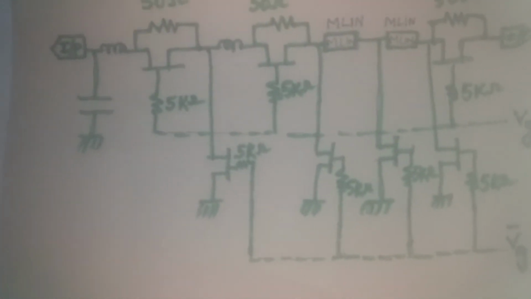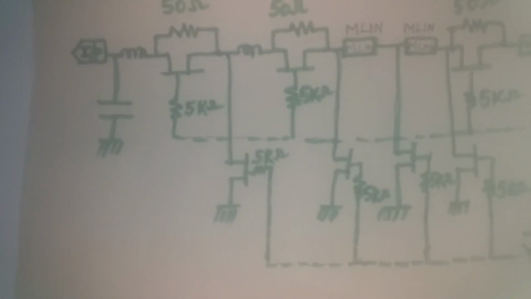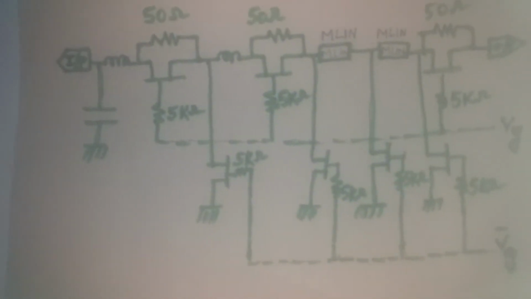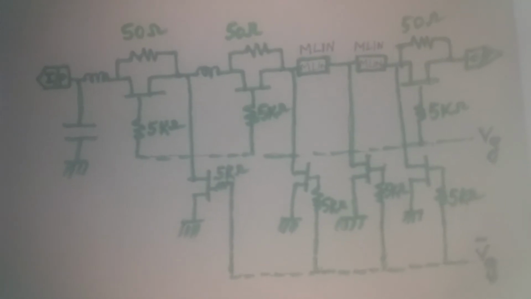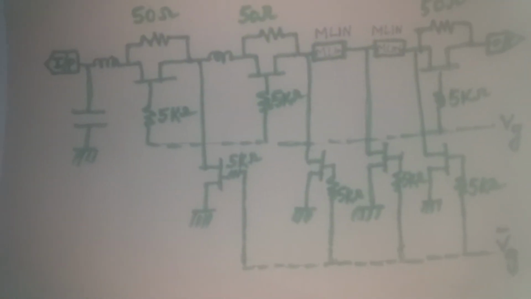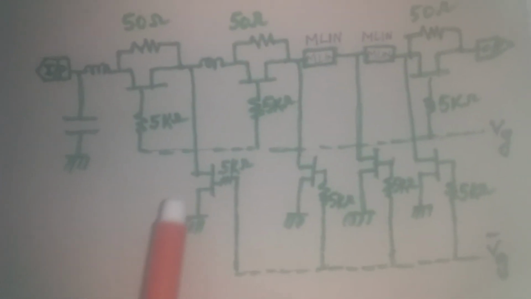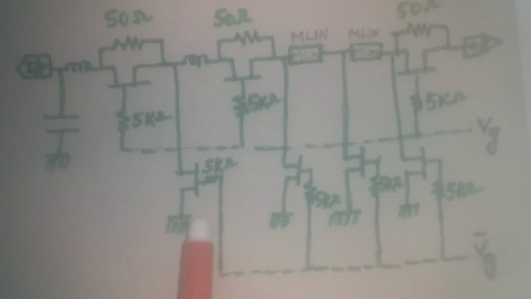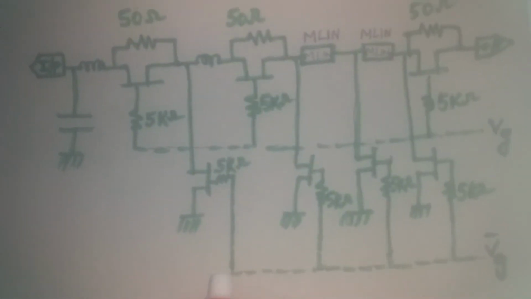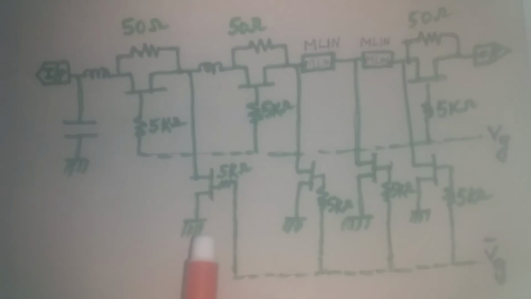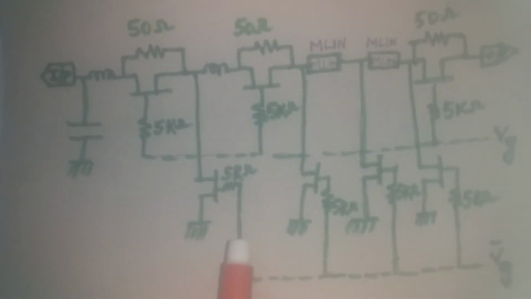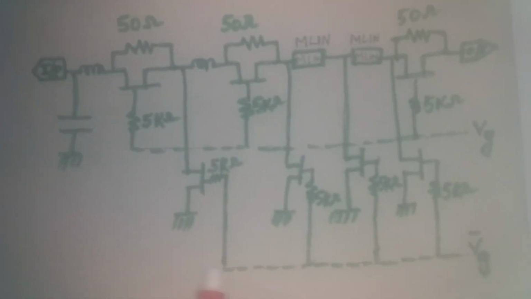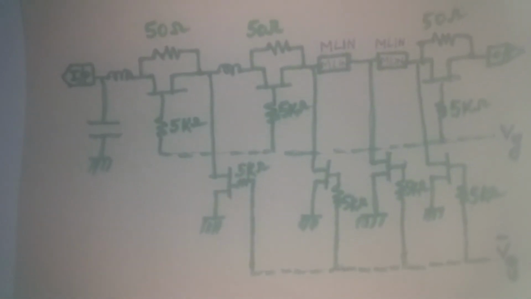And the biasing is done through a 5 kilo ohm resistor. Thus, it improves the performance of the SPST switch at low frequencies, and also it reduces chip size.